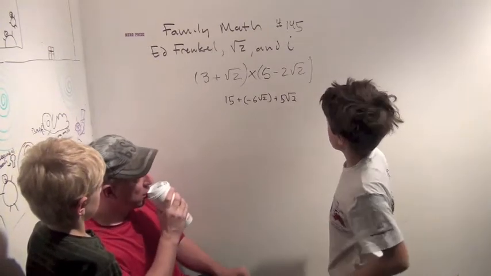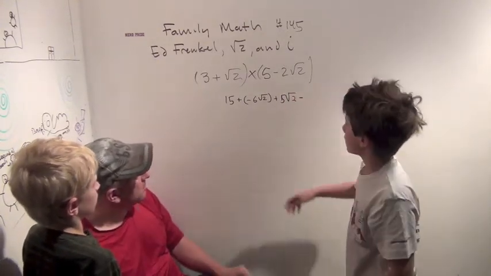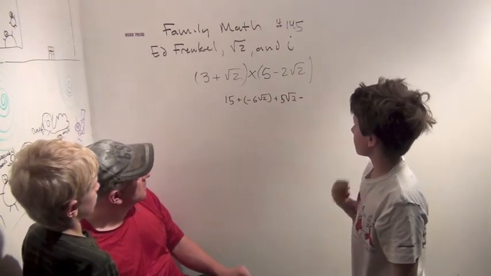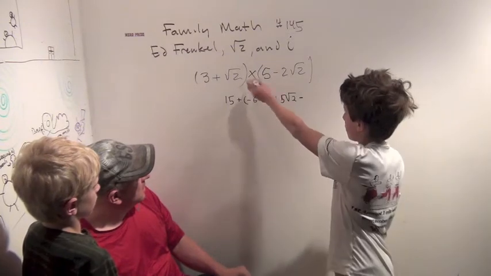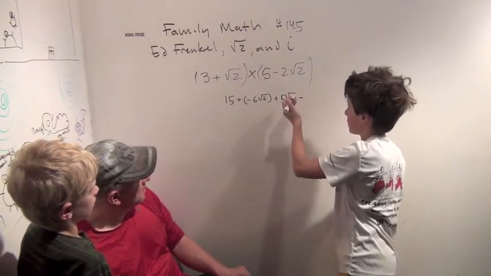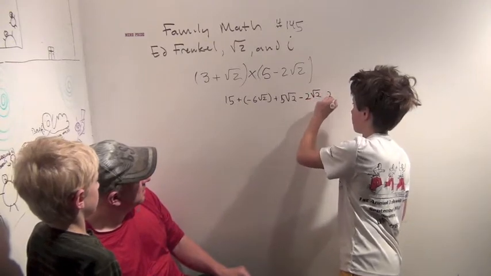And then you've got the square root of 2 times minus 2 times the square root of 2.